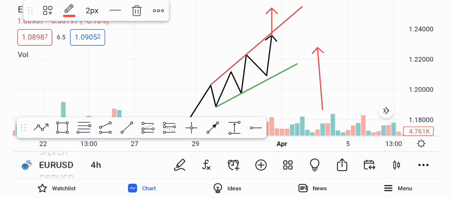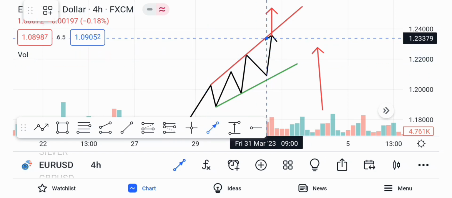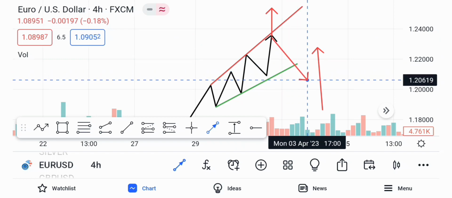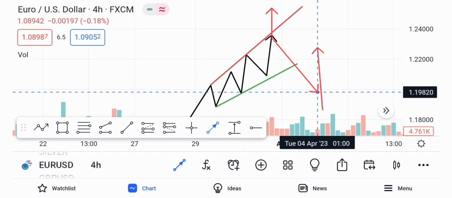But when the market goes against that trend, goes back down, if it's a bullish trend, that's a reversal pattern.